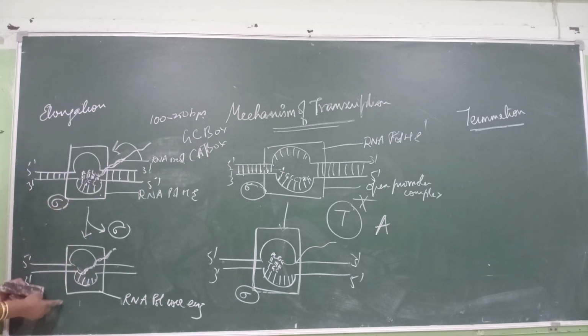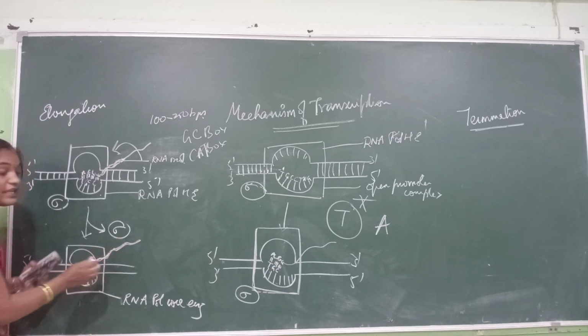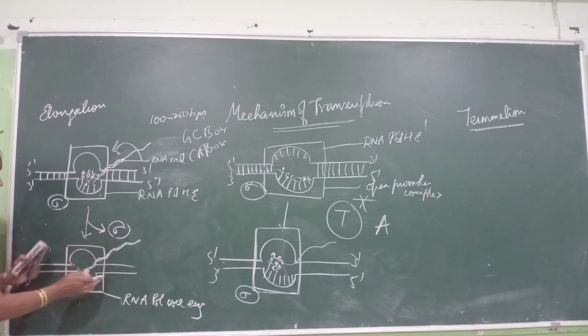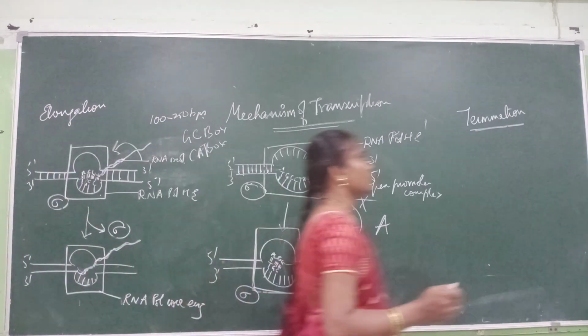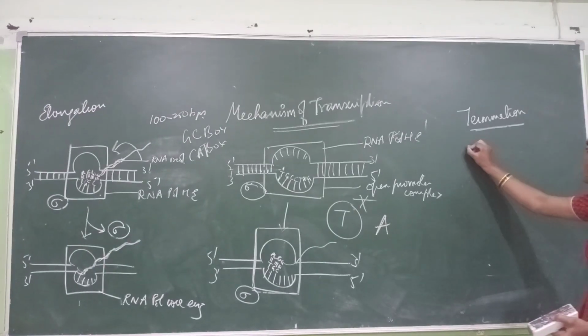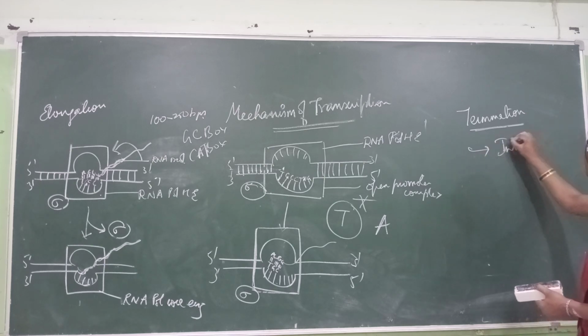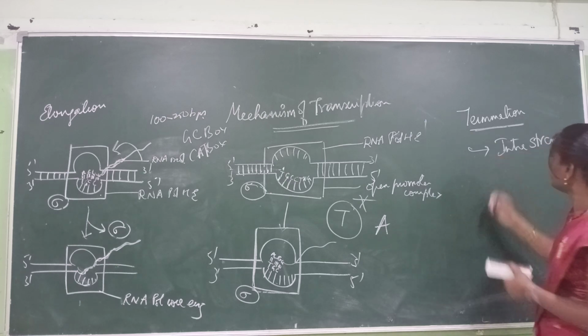Next, coming to the elongation, what happened? Dissociation of sigma factor. Then what happened? The RNA molecule that is growing and elongating is getting disturbed due to dissociation of the sigma factor, and hence the mechanism of RNA synthesis is getting terminated. Now the termination step is carried out by formation of intra-strand base pairing.